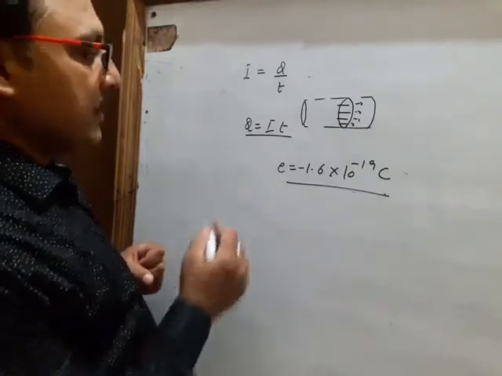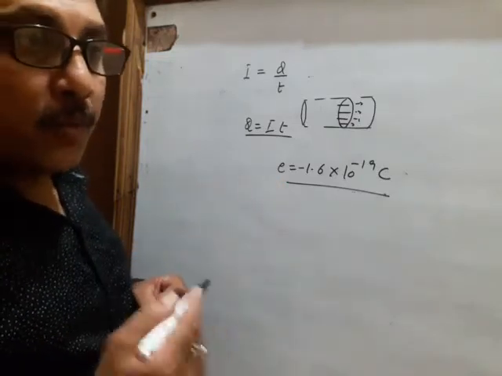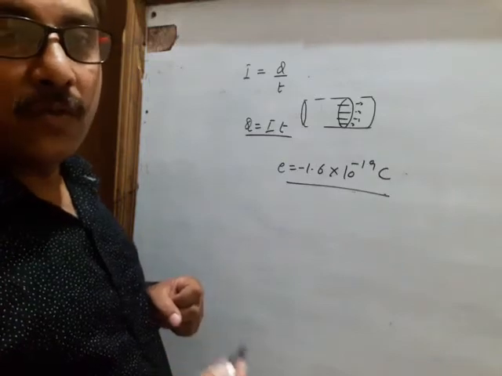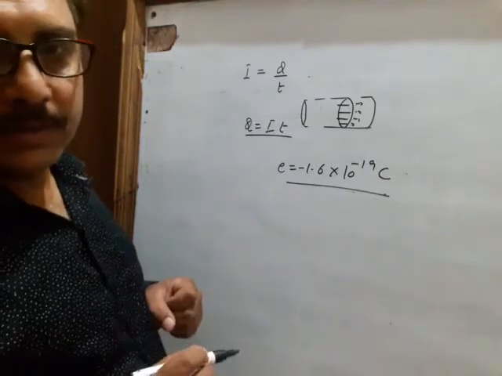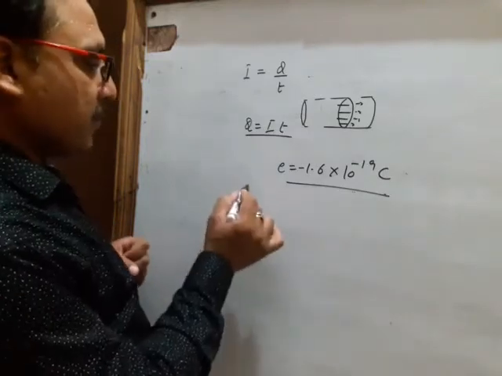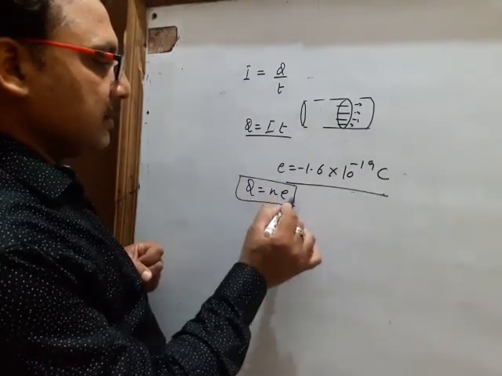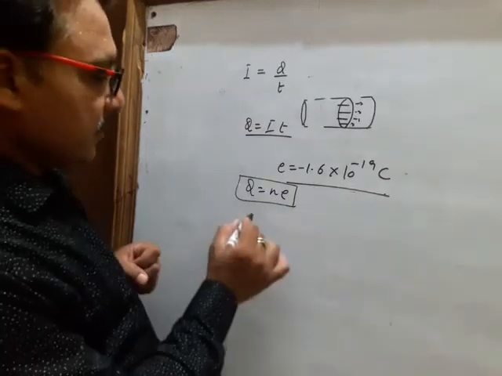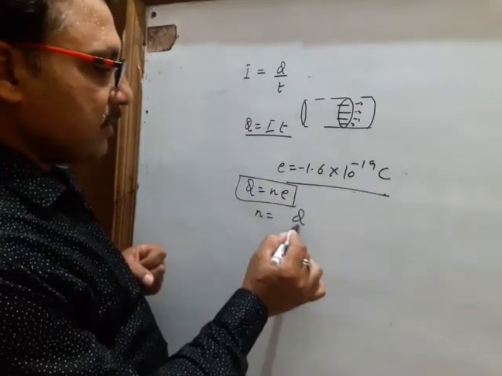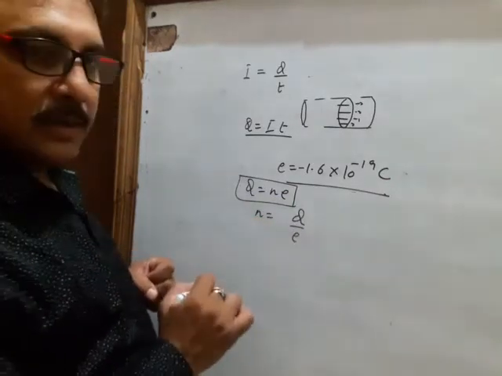If I ask how many electrons will form 1 coulomb of charge, there is a formula Q equal to Ne. Remember this formula. This will give you the number of electrons. So N equal to Q upon e.